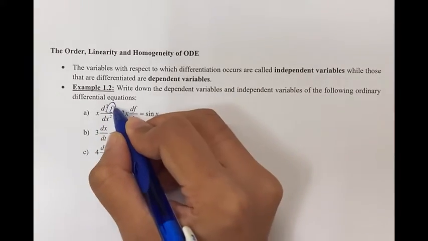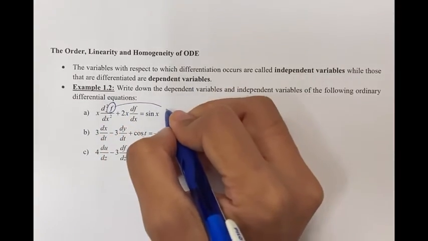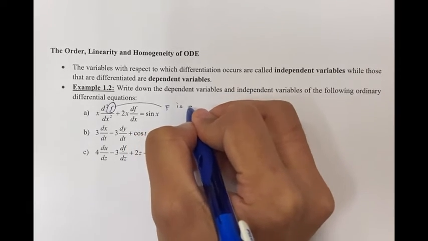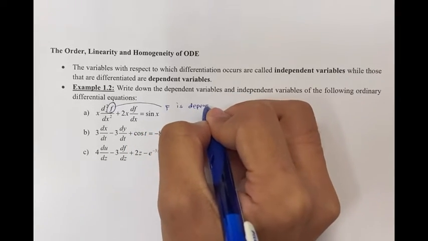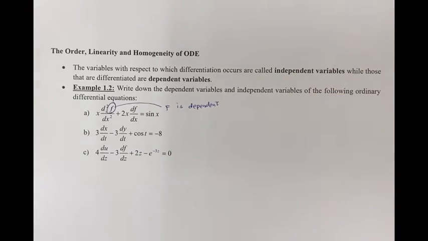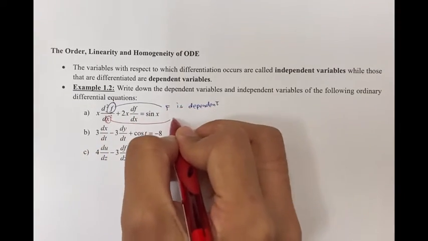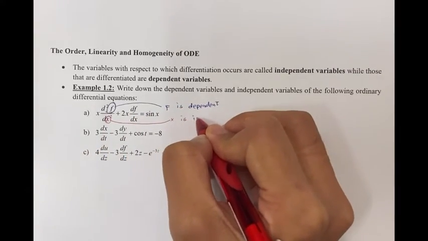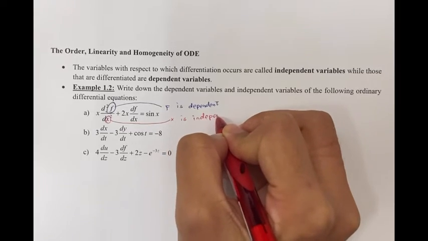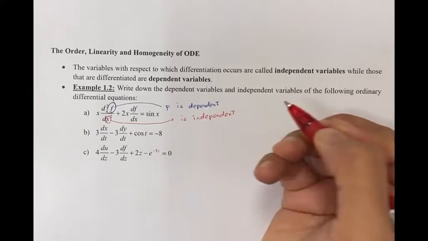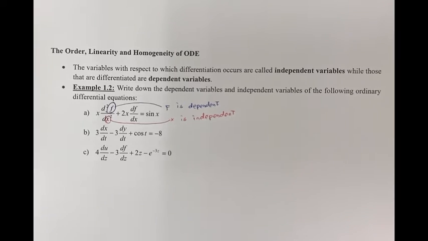So this is your numerator. So the numerator f is your dependent variable. Okay, and then what is your denominator? Denominator is x here. So x is independent variable. Okay, moving to B, you have 3 dx over dt minus 3 dy over dt plus cos t.